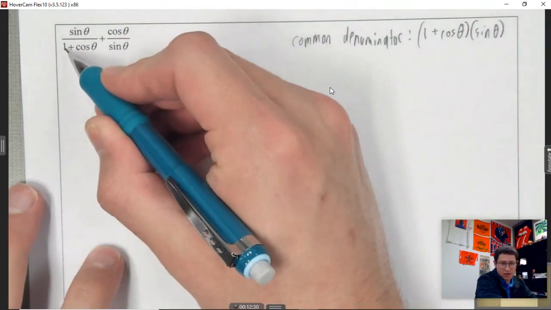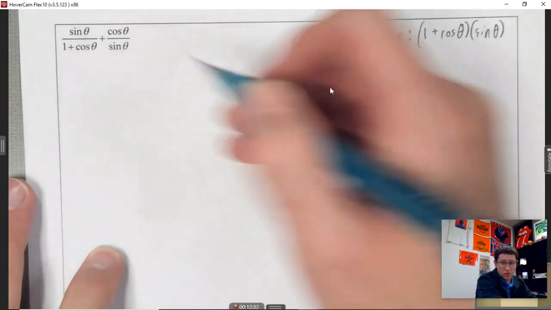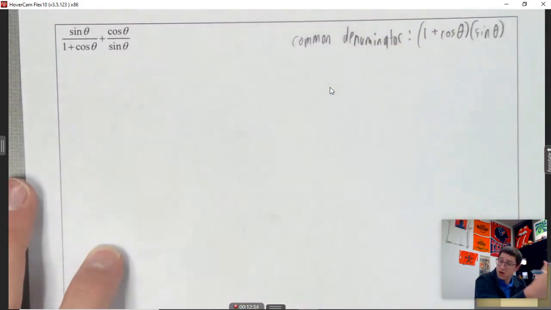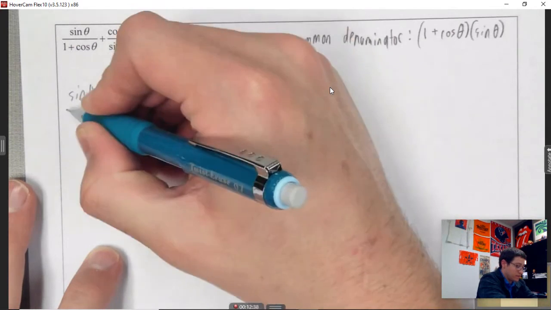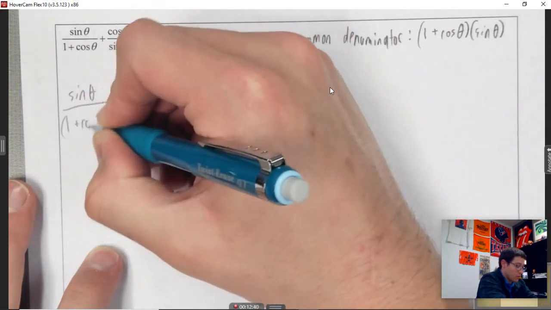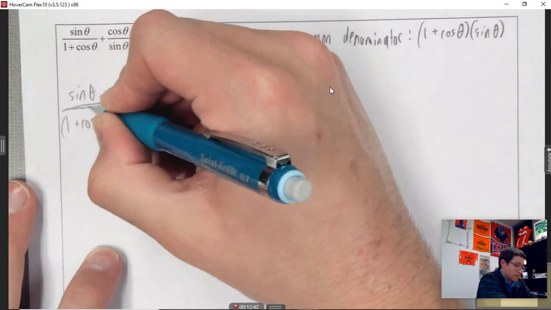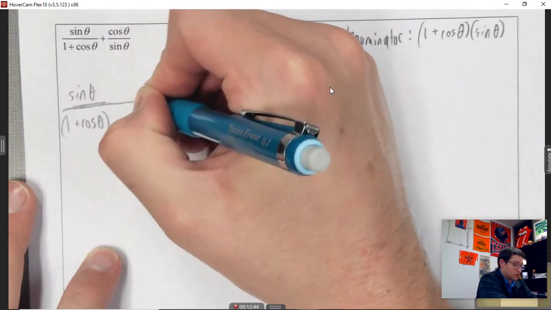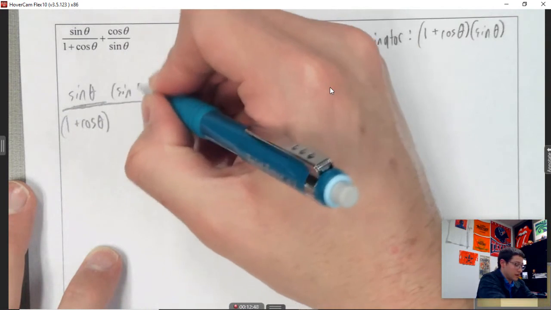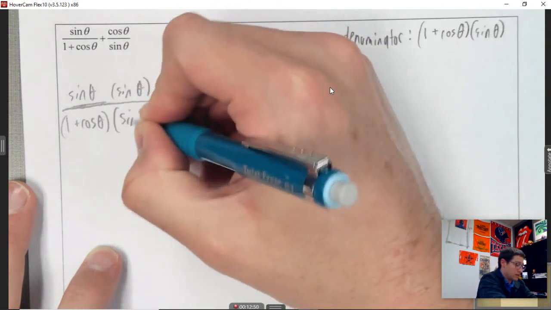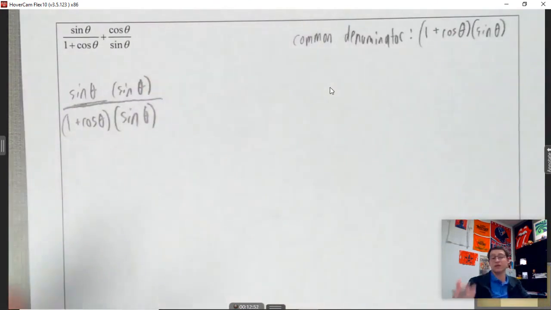All right, I've got the 1 plus cosine of theta already on this one, so I need to introduce the sine of theta on the top and the bottom. So we've got sine of theta all over 1 plus cosine of theta. And again, the one we want to introduce is the sine of theta, so I'm going to write sine of theta here, and then sine of theta on the top. The reason I can do that is because it's a fancy version of 1.